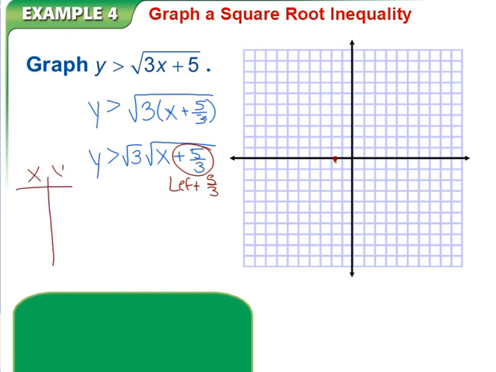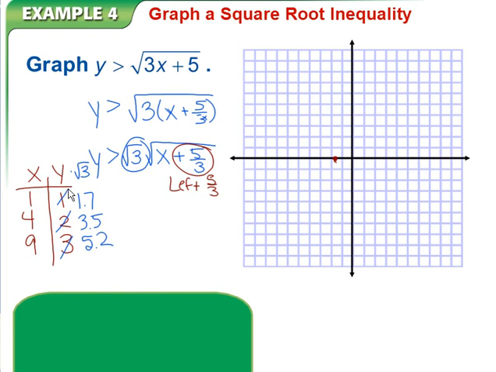So x, y, 1, 2, 3 down the y column, 1, 4, 9 down the x column. And this time I need to multiply it by square root of 3. So 1 becomes 1.7, 2 becomes 3.5 if I round that appropriately, and 3 becomes 5.2.